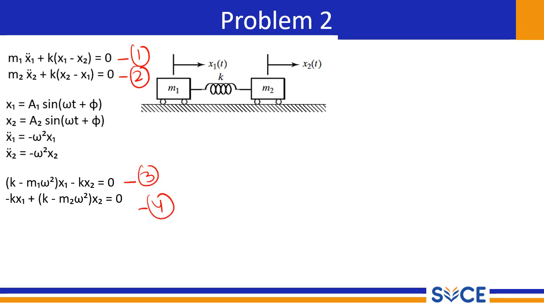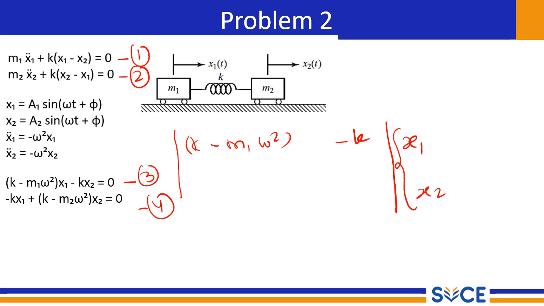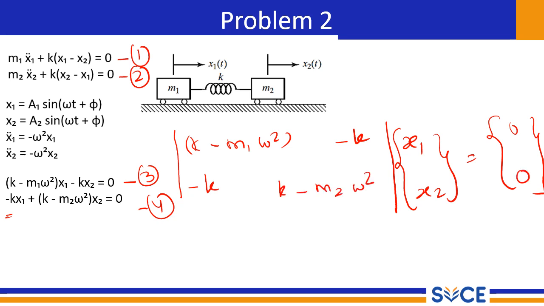When I write in determinant form, it is k minus m1 omega square, then minus k, multiplied with x1, x2, that is equal to 0. Similarly, the next term, here it is minus k, then k minus m2 omega square, which is also equal to 0.